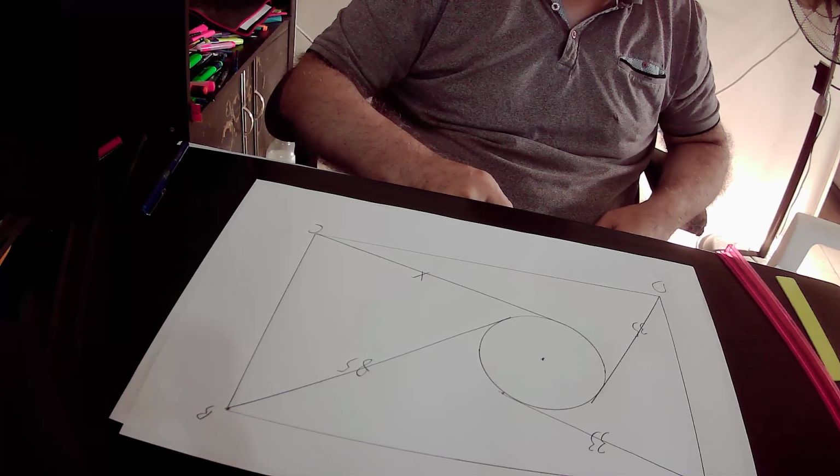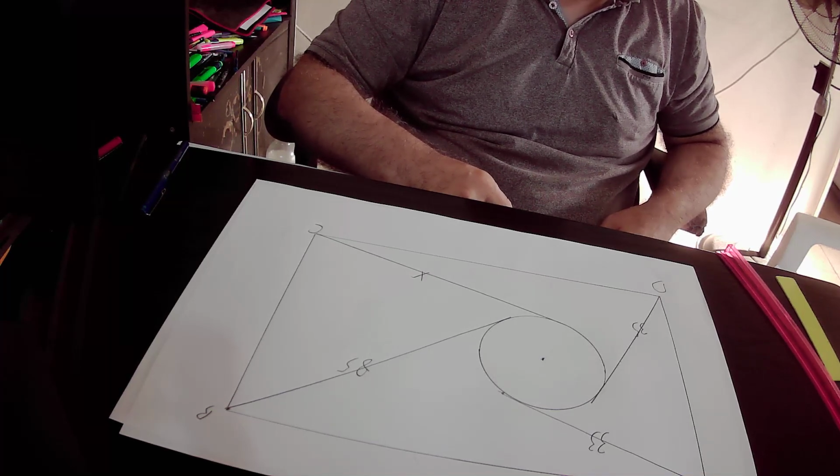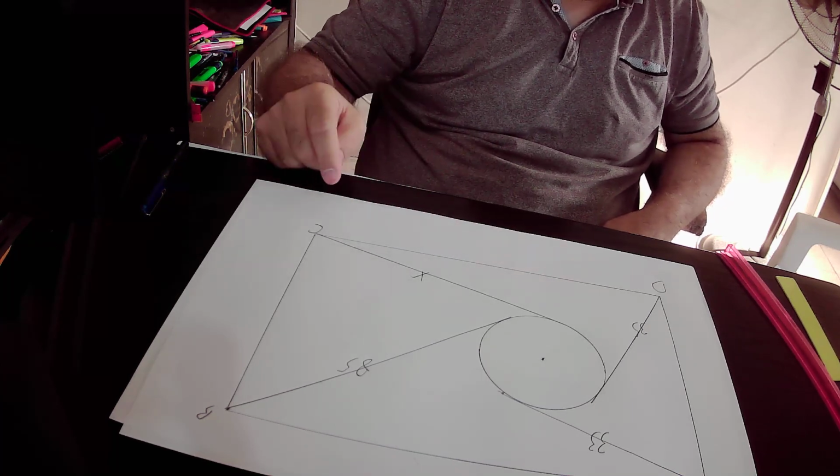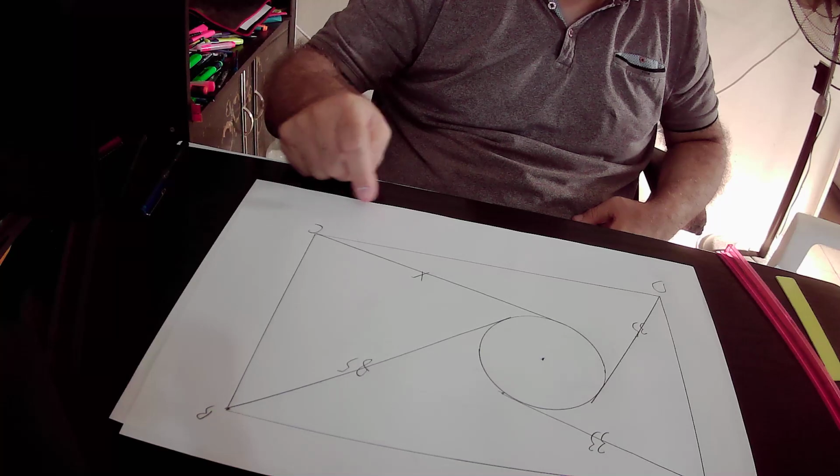Again, our mission is to find out the value of line segment X. It is the tangent from point C to this circle.